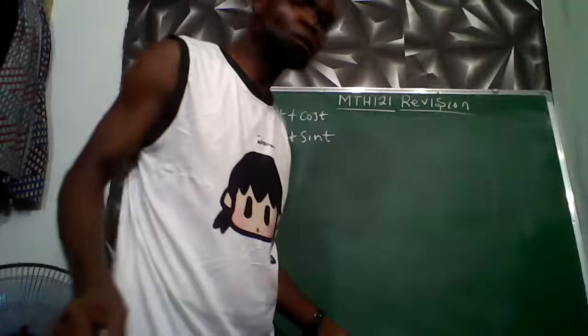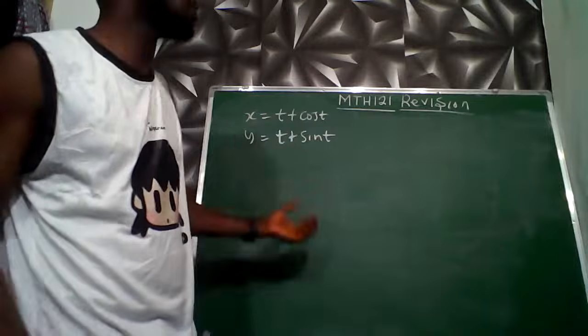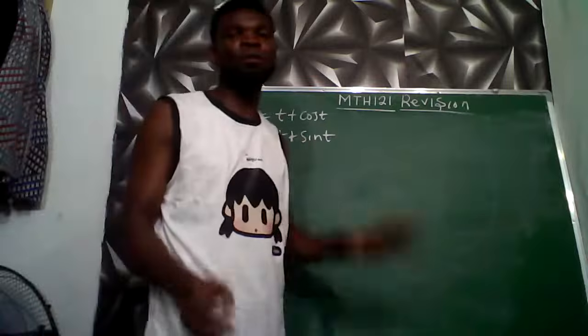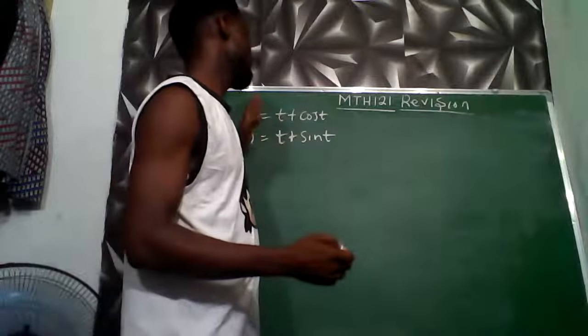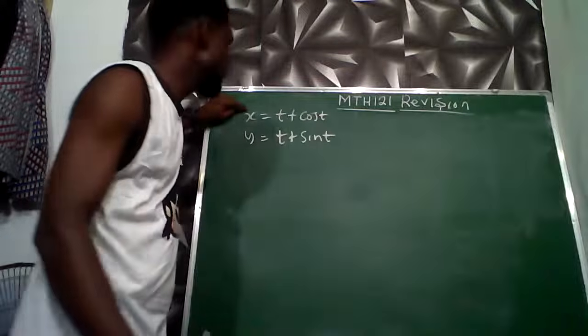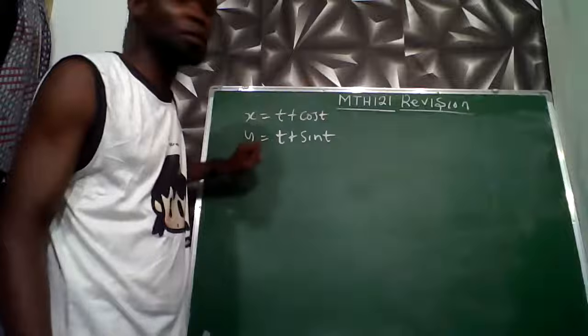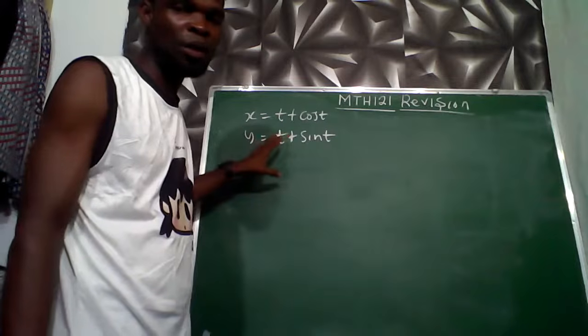That's automatically an example of a type of function called a parametric function. So this is x being equal to t plus cos t and y being equal to t plus sin t. Are we together?